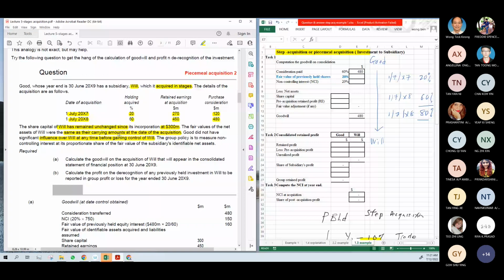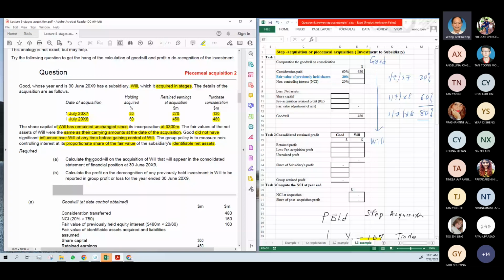So goodwill is to be measured with NCI at the proportional share of the fair value of the subsidiary's net assets, using the fair value method. They ask you to compute goodwill at the acquisition of View.